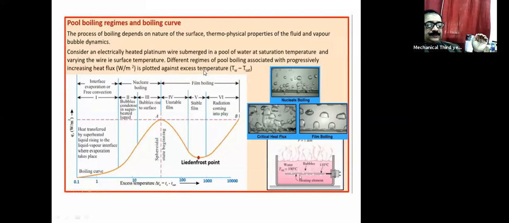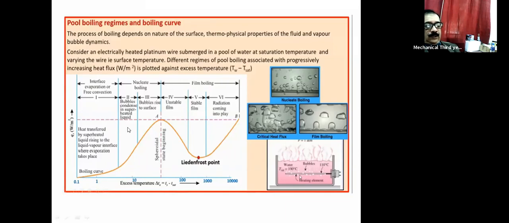On this basis, the whole process from liquid to vapor can be divided into three regimes. First one is interface evaporation or free convection up to a certain temperature difference. Then we have nucleate boiling in this region, and then we have film boiling here.